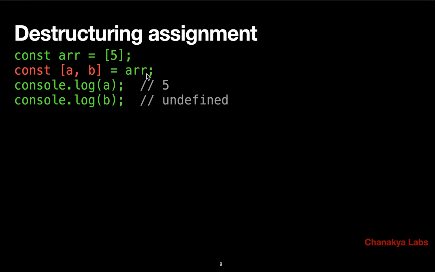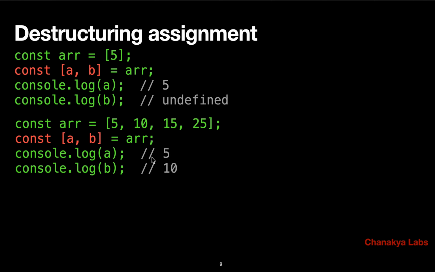And if you have more values on the right side, say two variables and three values in the array, then the others are simply discarded, because only what you capture is assigned to variables.